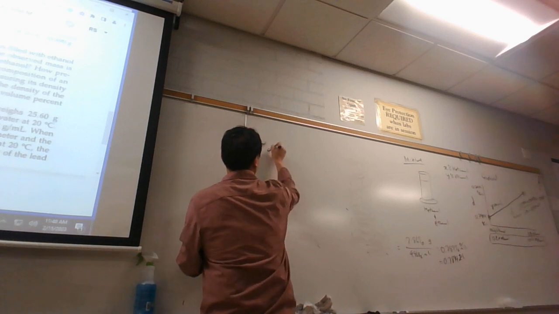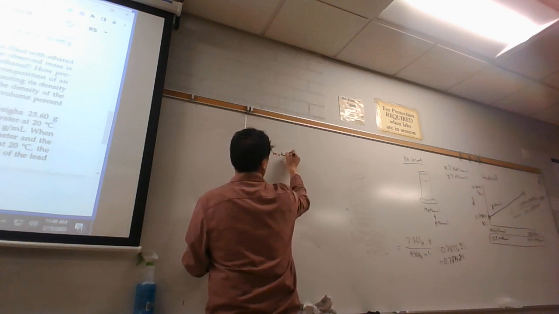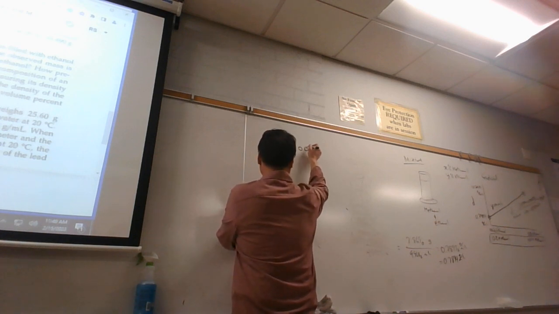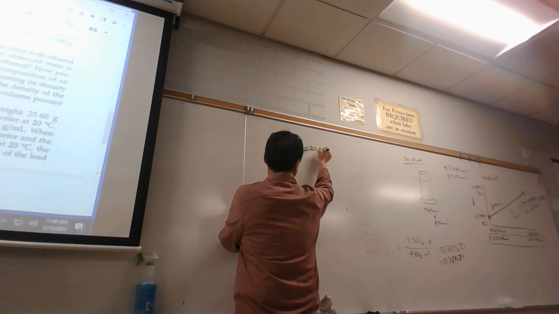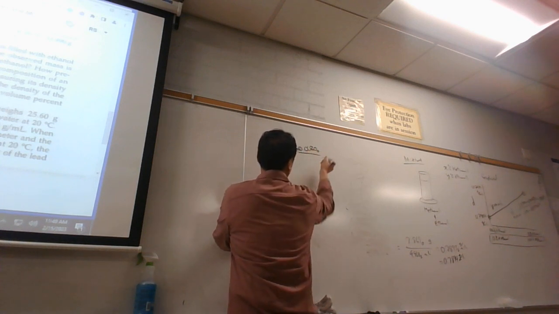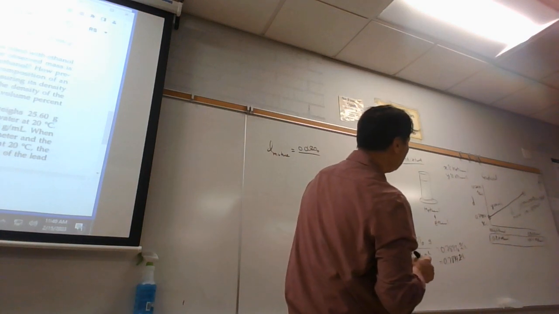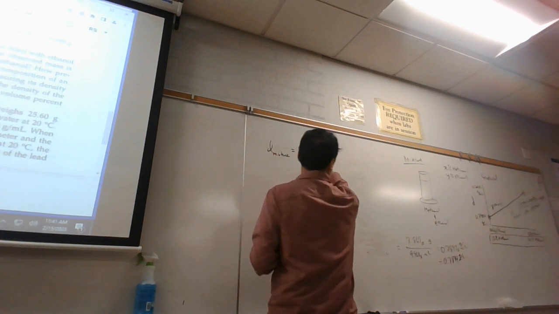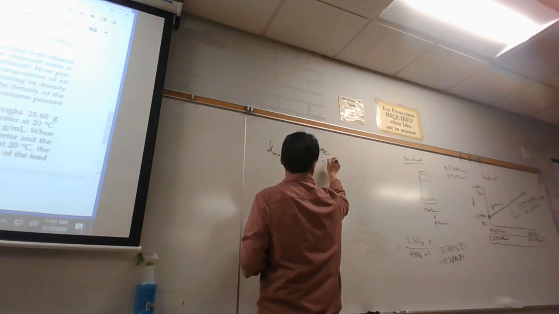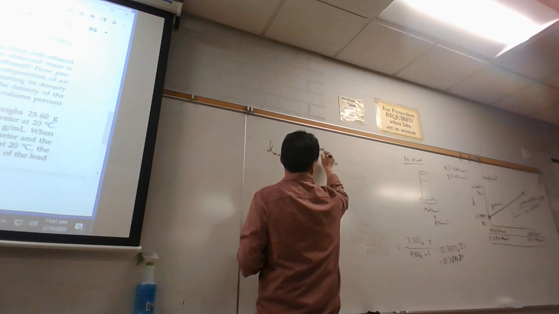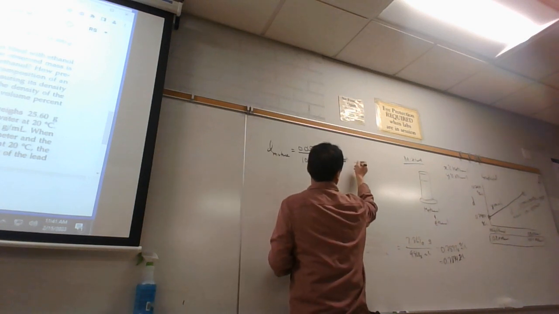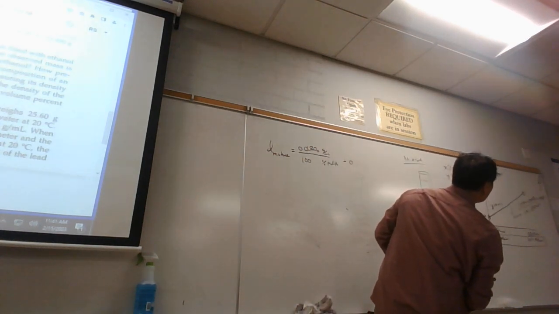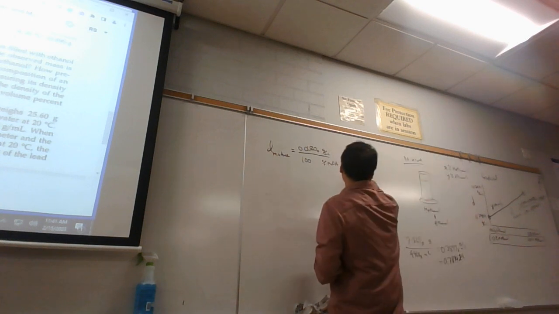So I'm going to have the density of the mixture is equal to 0.00200 divided by 100. Okay, the units for this are going to be in grams per milliliter divided by percent methanol. Units for the slope, plus 0.7894 grams per milliliter.